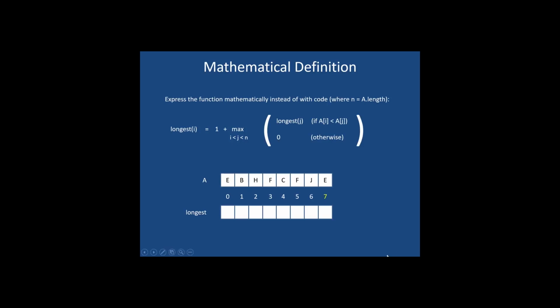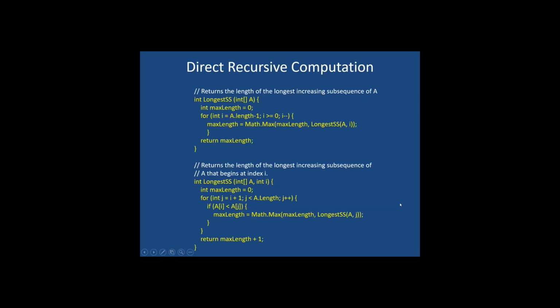Okay? My PowerPoint has screwed up where I can't go backwards, but so I'm going to do this. So this is what we've been talking about the last 15 minutes. This just automates that process.